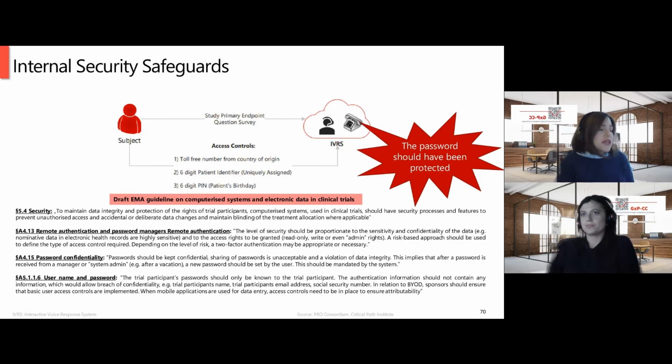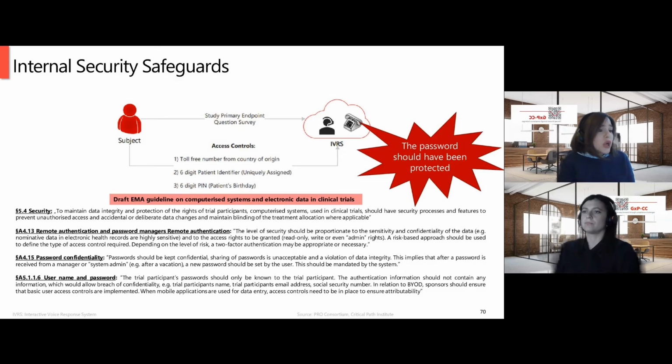The new draft EMA guideline on computerized systems and electronic data in clinical trials has many paragraphs addressing the issue of security measures and password protection. So when it comes to security, it's very important to maintain data integrity and protection of the rights of the trial participants, computerized systems used in clinical trials, and have proper security processes in place to maintain the blinding of the treatment allocation and prevent unauthorized access.